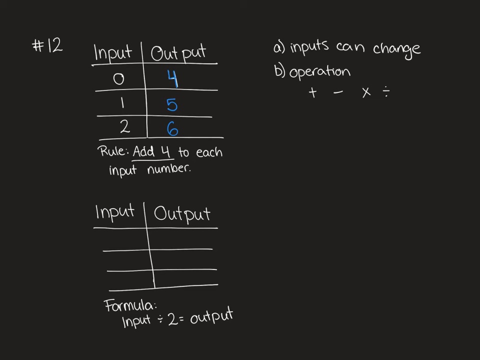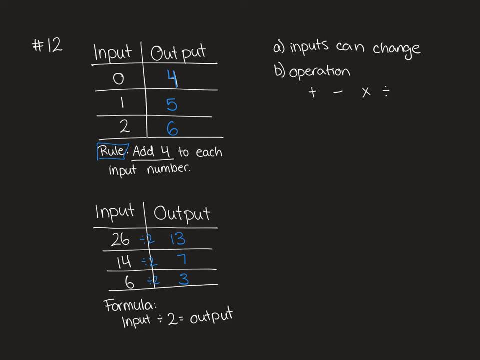So if they've also told me that my input is 26, 14, and 6, then for my output, I would go, okay, 26 divided by 2 equals 13. So my output for that one is 13. Oh, my number's changing. 14 divided by 2 is 7. And then 6 divided by 2 is 3.